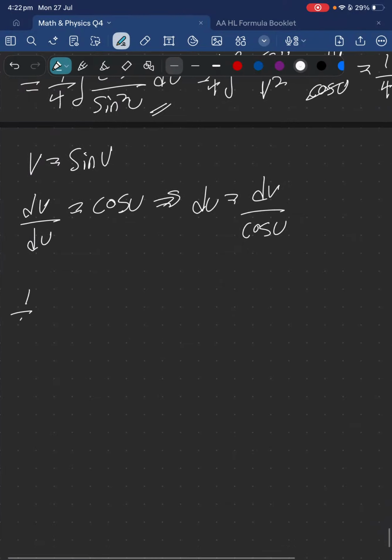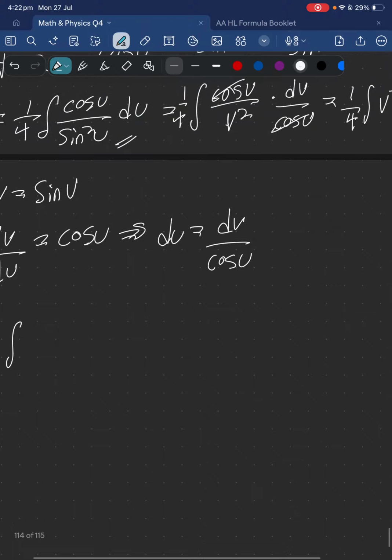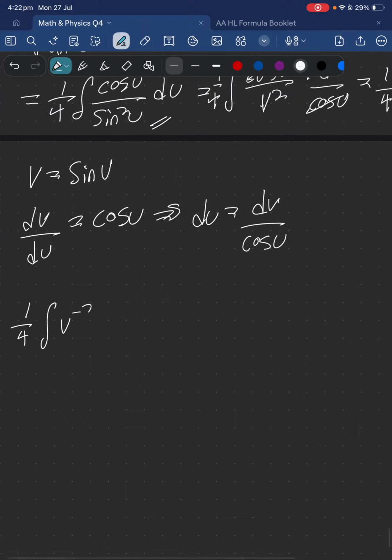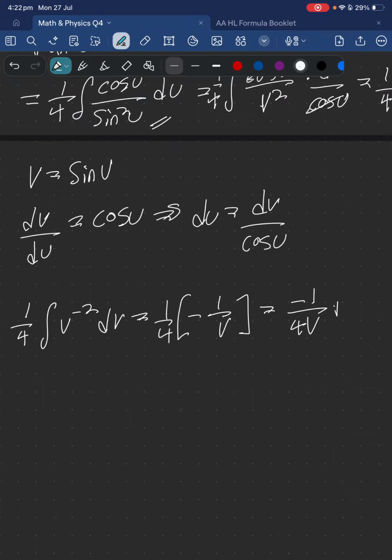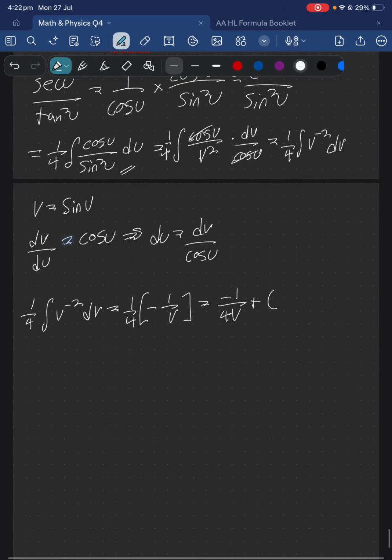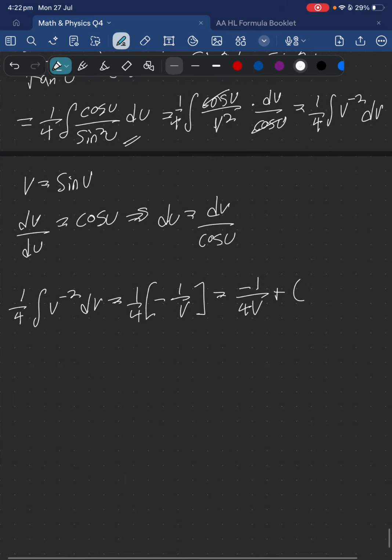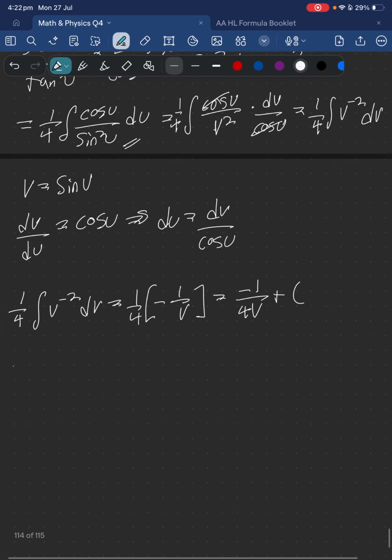So 1/4 times the integral of v to the power of negative 2 dv is equal to 1/4 times negative 1 over v, which is negative 1 over 4v plus c. Nice. And we substitute v for sine u, so this is equal to negative 1 over 4 sine u.